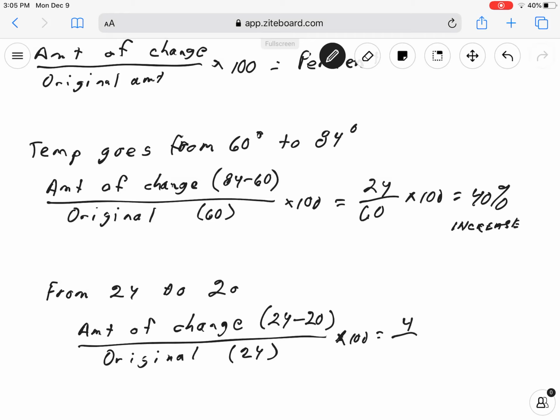So I have 4 over 24 times 100. And if I do that math, I have 4 divided by 24, and that's going to be 16.67%, and that's a decrease.